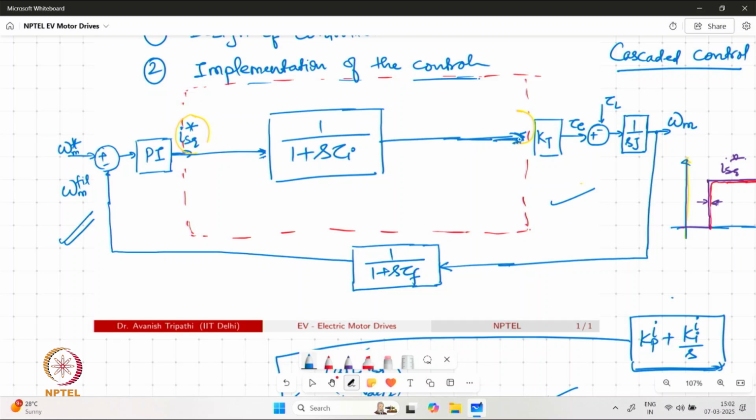So we'll take up the design for the speed controller for this control loop from here.